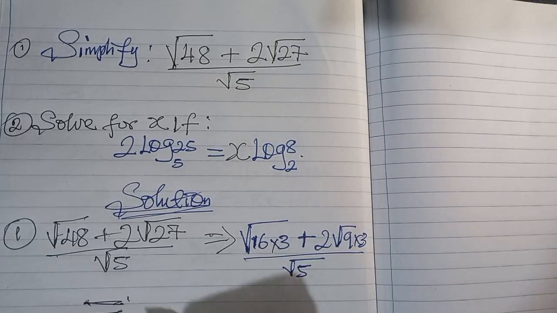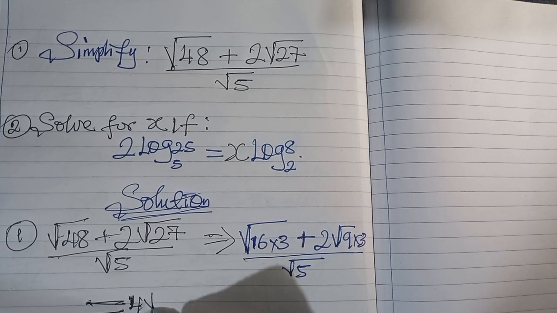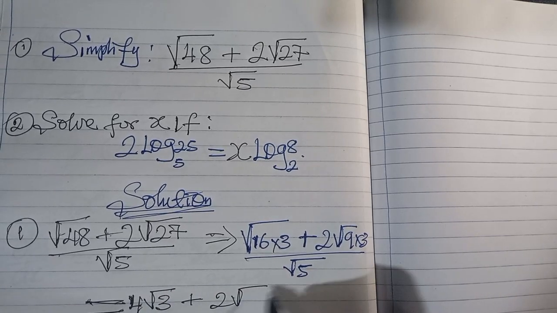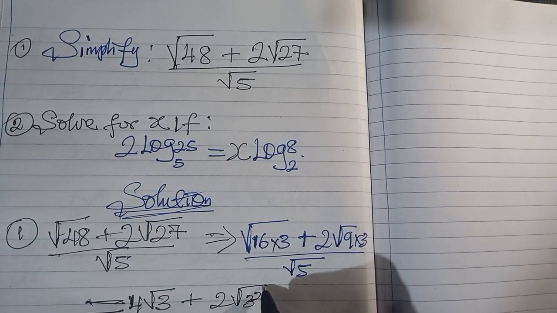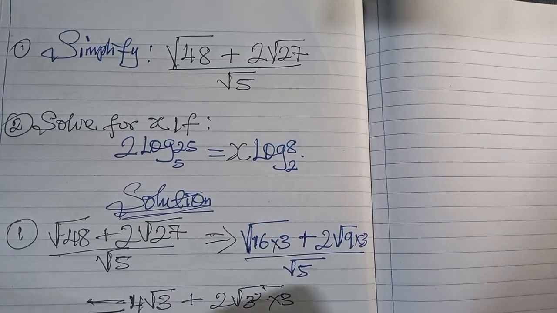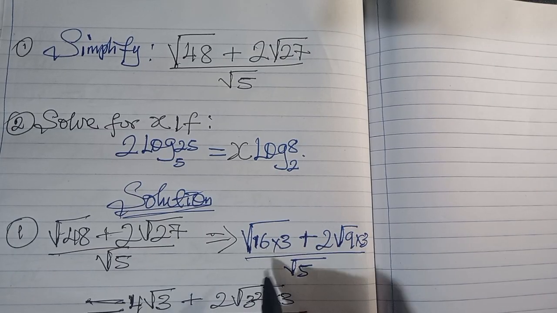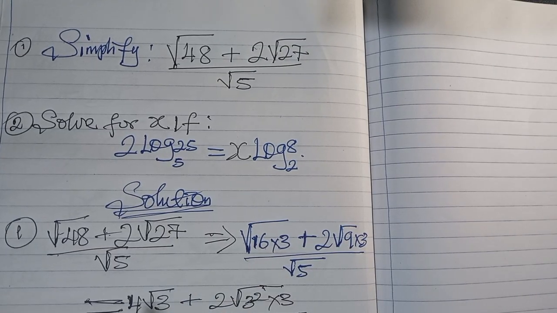So we can now have, equal to, square root of 16 is 4. So we have 4 root 3 plus 2 root 3 raised to power 2 multiplied by 3 divided by root 5. Remember here is the same as 4 raised to power 2. So pick one of the 4 and put it here.